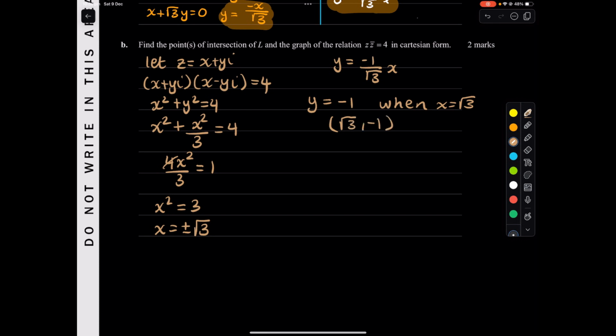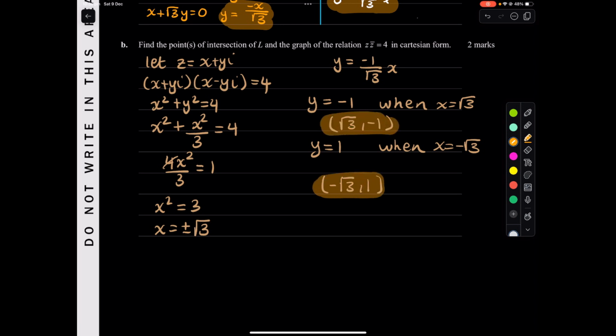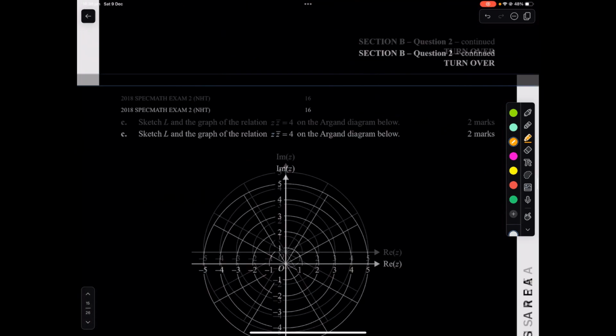For the next one, what about if we put negative root 3? So it'll become y equals 1, actually. So when x is equal to negative root 3, your other one is negative root 3, 1. These are your points of intersection. Easy. You can also do this in a second on your calculator, but this is how you do it by hand. So, done.